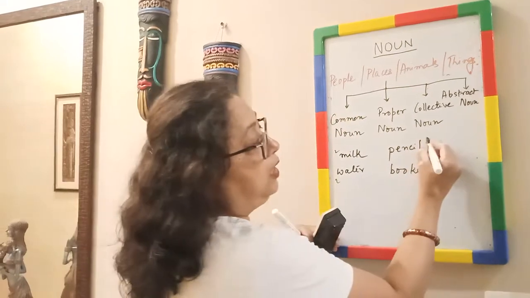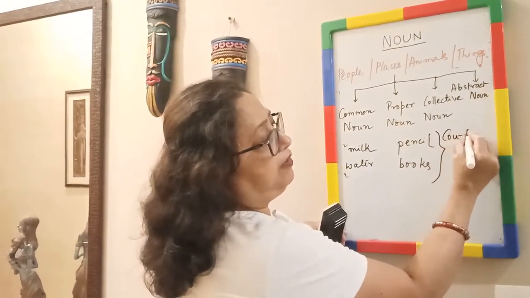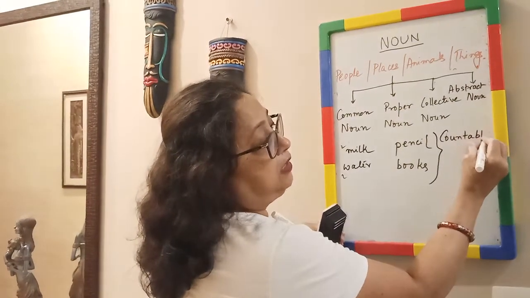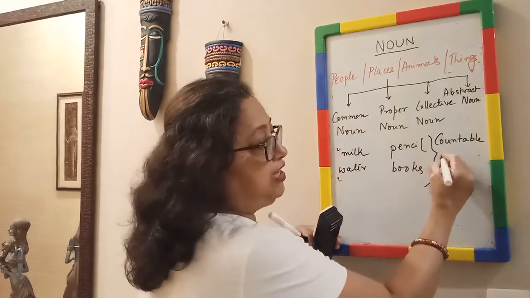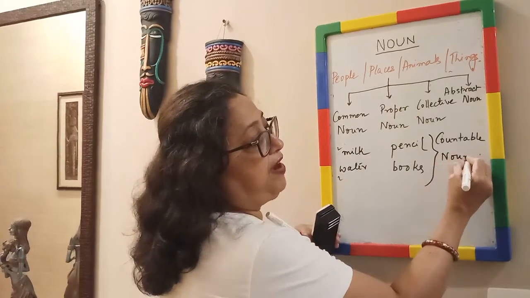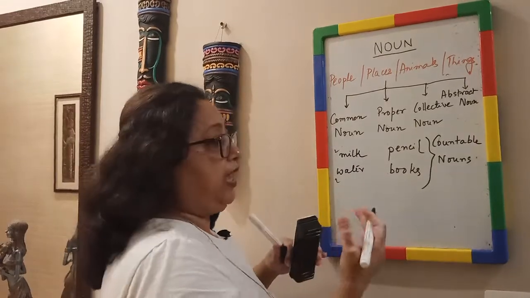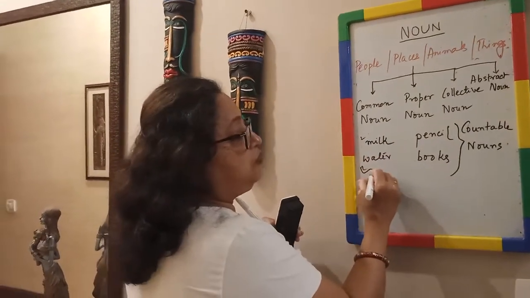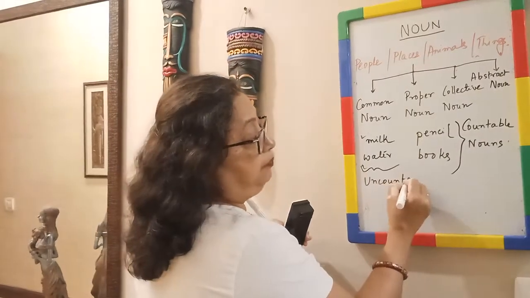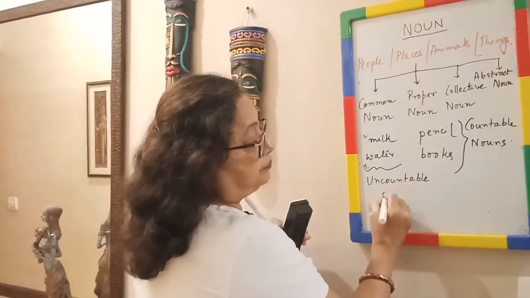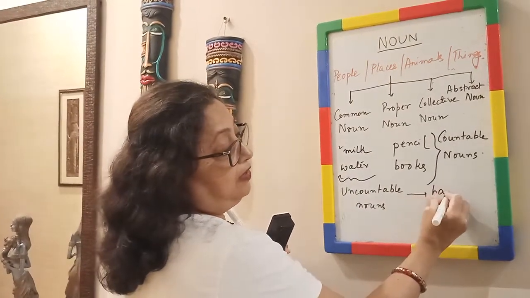So the nouns which we can count are, see, the word itself, you know, English grammar is otherwise very, very easy. Countable comes from the word which we can count. So these are all countable nouns. I am putting very few small examples so that you can understand very easily. And the nouns which we cannot count are called uncountable nouns. Here we have hair.